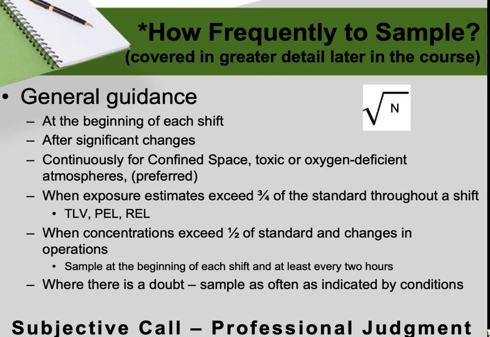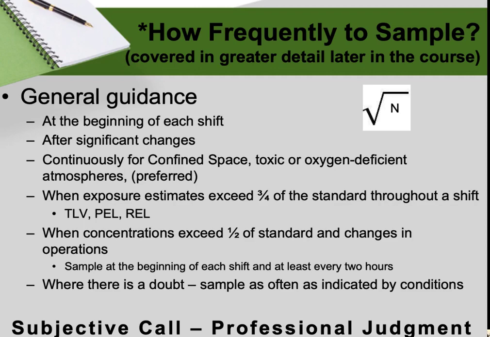How frequently, again, this is covered further when we look at our strategy for sampling, but some general guidance: at the beginning of each shift, throughout your shift, after significant changes in a work process, the addition or subtraction of some type of new agent.